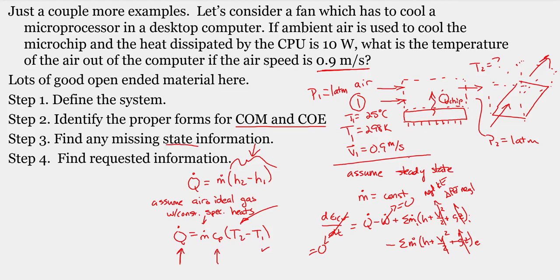So we need to be smart about the state information that we do need. We need the specific heat at constant pressure. That is generally tabulated as a function of temperature. So one of your assignments is to go find that information. At 298 Kelvin, what is the specific heat for air?